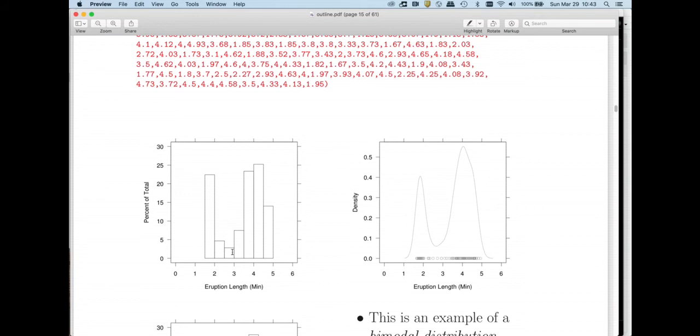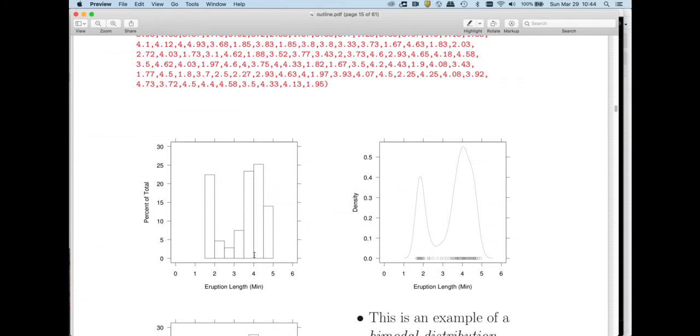These correspond to, if you will, types of eruptions. And so what I would conclude from this is some eruptions are short in that they only last a little bit less than 2 minutes or so, while other eruptions are longer in that they last about 4 minutes or so. Another conclusion that I would make from this is that the long eruptions are more common.